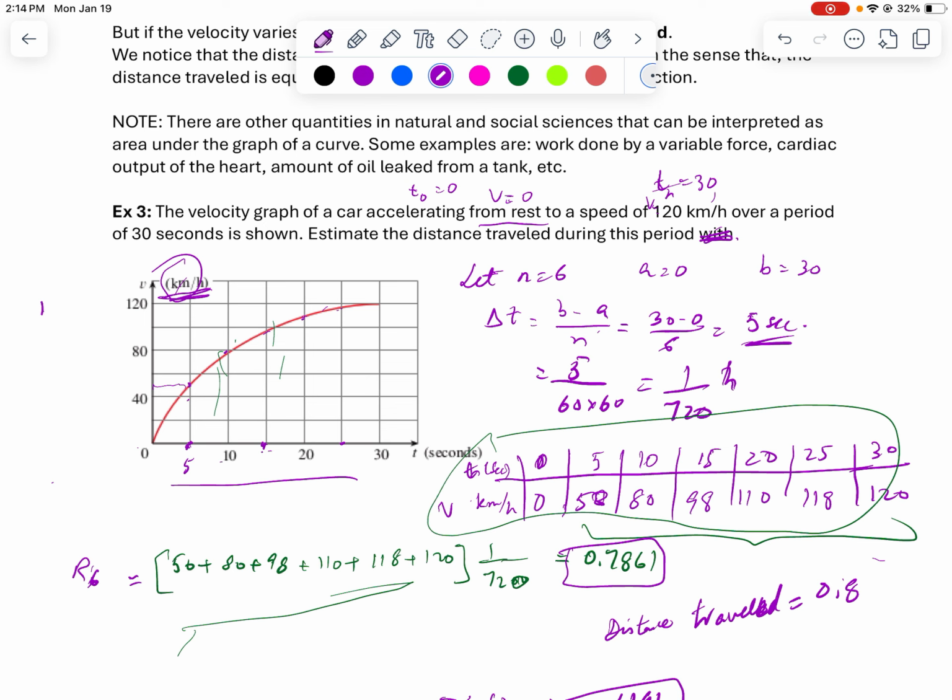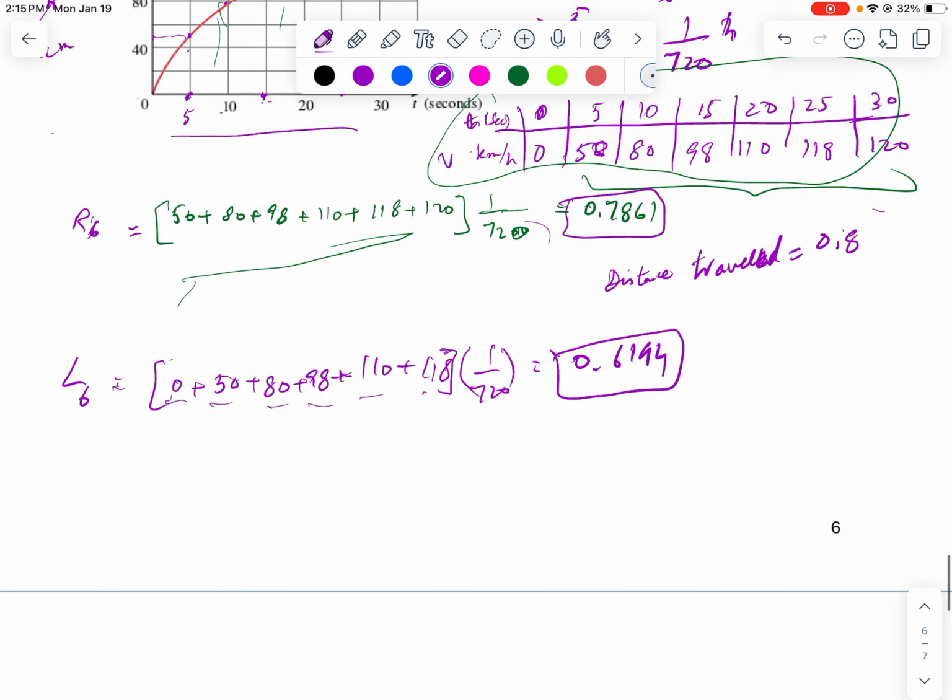So h and h cancel out. We are only left with kilometer, km. So the distance traveled is 0.8 kilometer, or you can say 0.79 kilometer, or you can just say 0.786 kilometer.